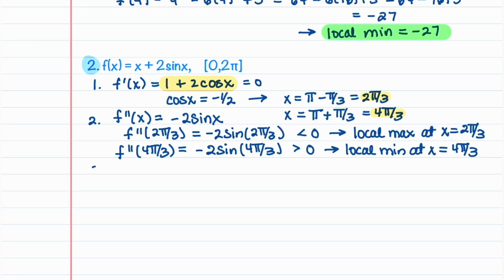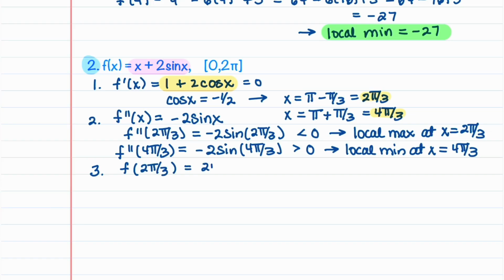Hang with me. What we have to do now is find the value of the local max and min. So we have to go back up to our original function and see what that function is equal to at 2 pi over 3 and 4 pi over 3. Let's first calculate f at 2 pi over 3.